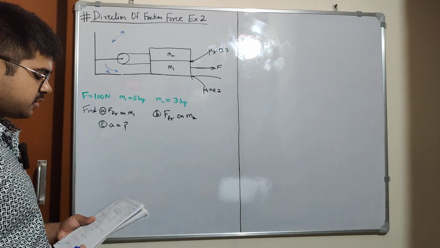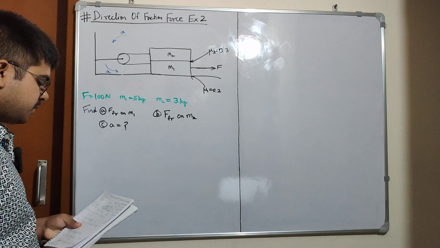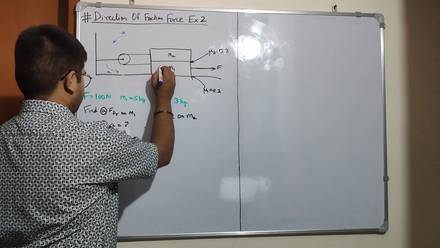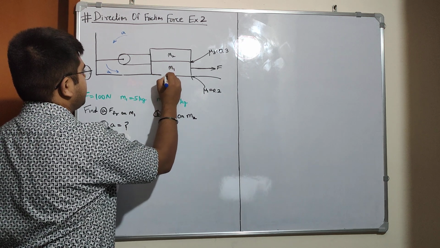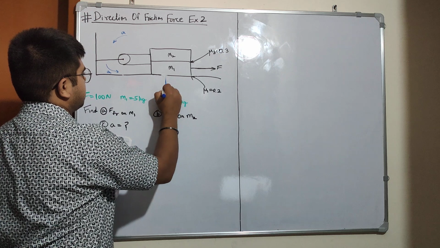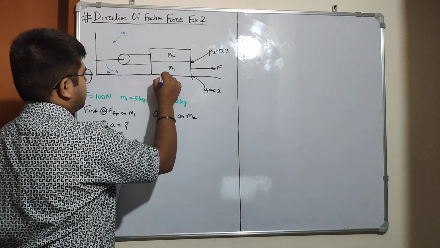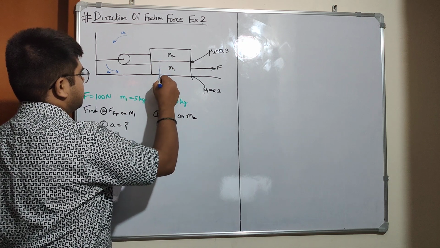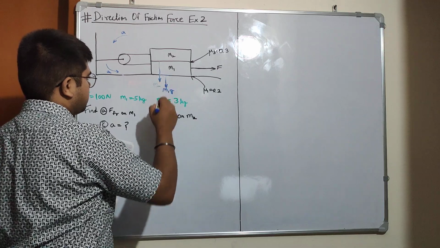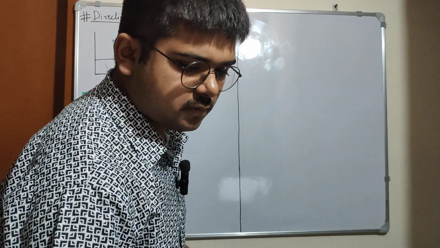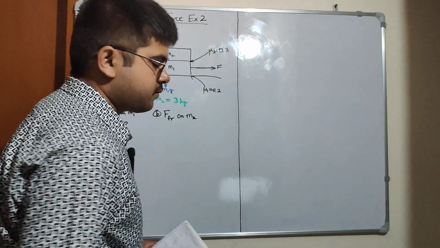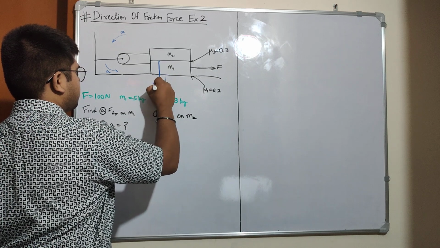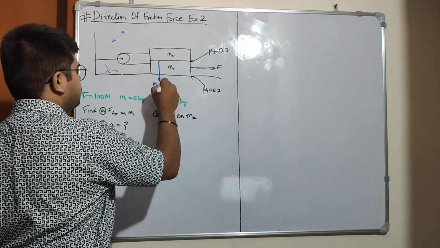So we'll first start by drawing the free body diagram. So we have m1g acting downwards, m2g acting downwards.